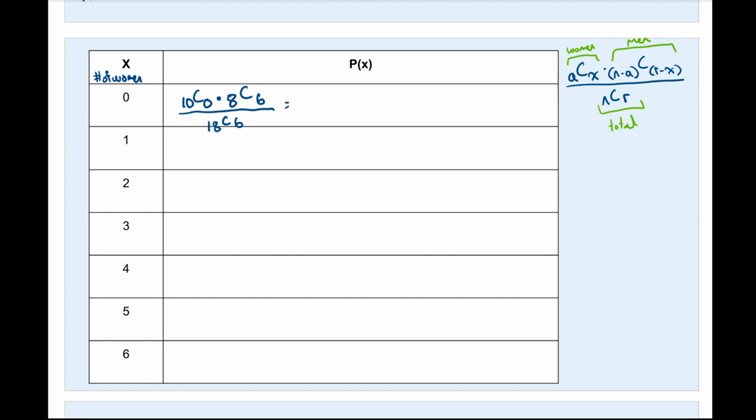This one I can calculate, just so I can have something to confirm. I get 0.0015. For the next example, I'll do this one in the other format, but I have 10 women, choosing one of them, multiplied by 8 males, choosing 5 of them, dividing by 18 total options, choosing 6 of them.